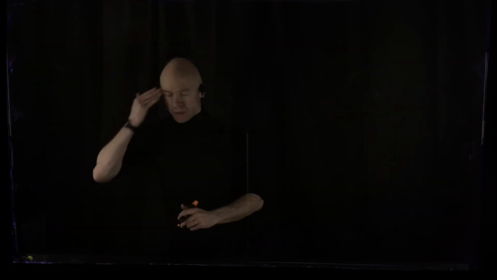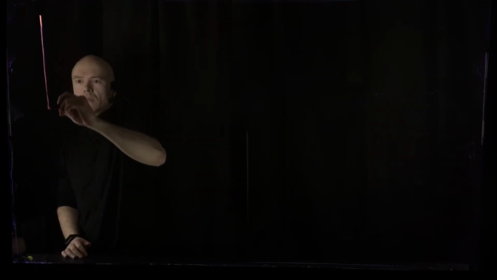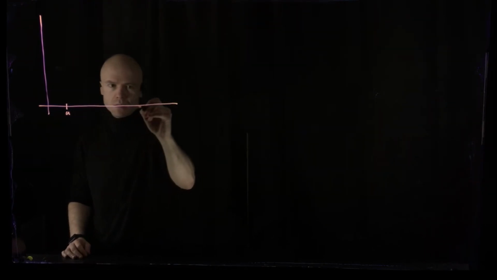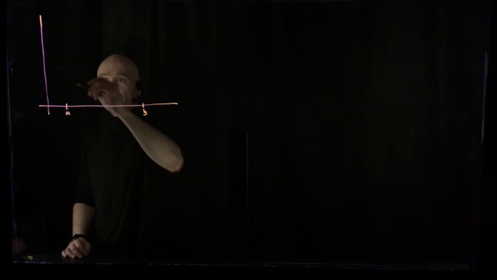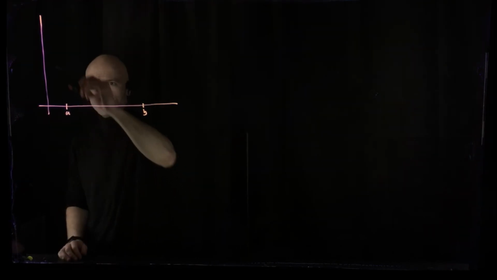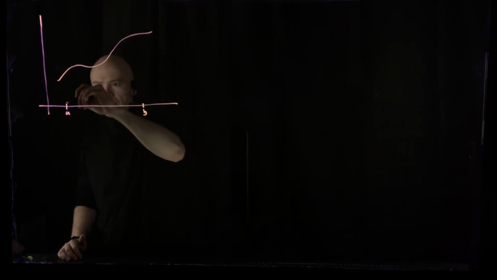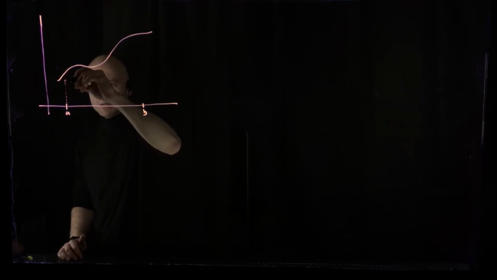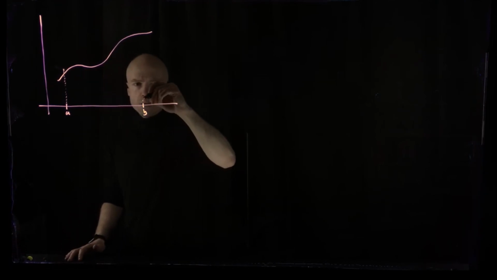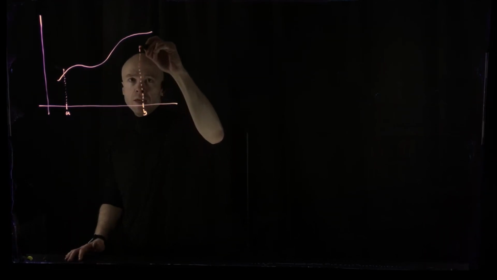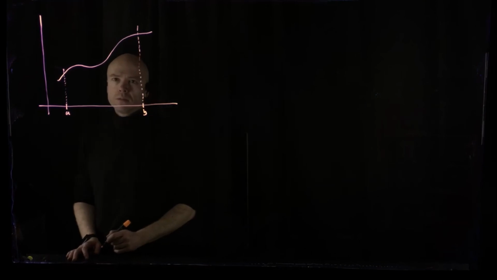Okay, so what's the picture? We have a function which is continuous on the closed interval, right? So let's draw a nice graph. Here is A, here is B. And what does it mean to be continuous on the closed interval? It means the graph looks something like this. And recall, being continuous on the closed interval means we're continuous from the left at A and from the right at B. Right?